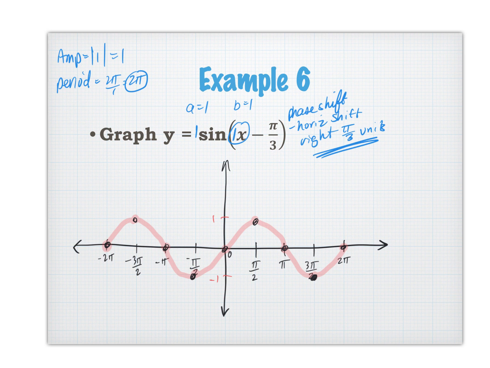So I need to figure out what those x coordinates are going to be. I could start over here at negative 2 pi plus pi over 3. I can do that math: negative 2 pi over 1 is negative 6 pi over 3, and that's going to equal negative 5 pi over 3. So I know that my first point here is going to be negative 5 pi over 3.